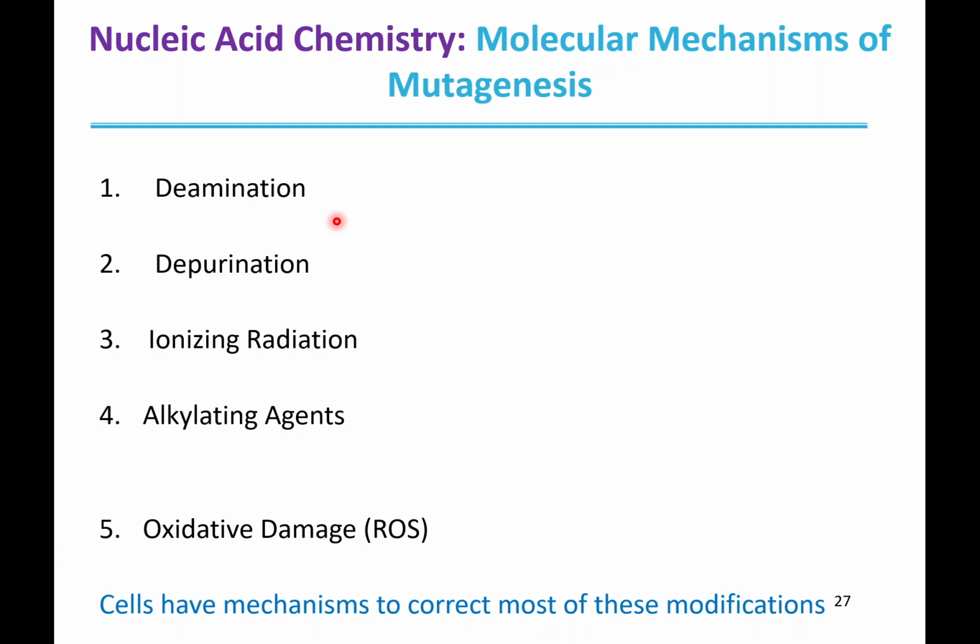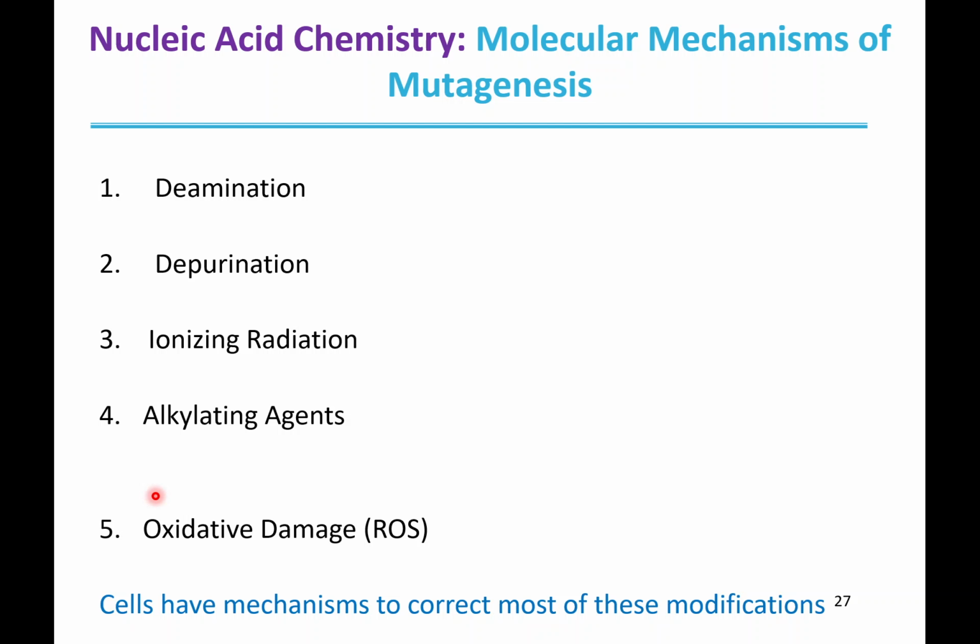One is deamination, 2 depurination. So deamination, you're losing an amine group. Depurination, you're losing a whole purine base. Ionizing radiation, alkylating agents. Okay, those are things that stick hydrocarbons to your bases and change them chemically.